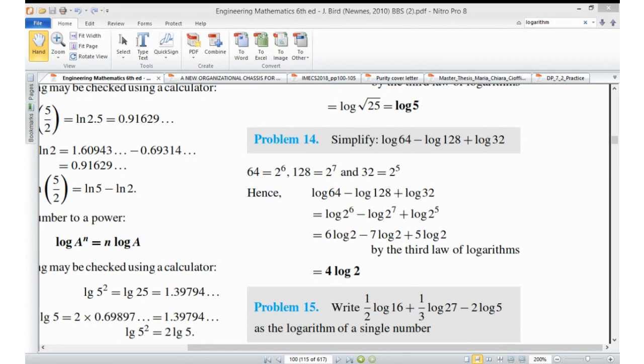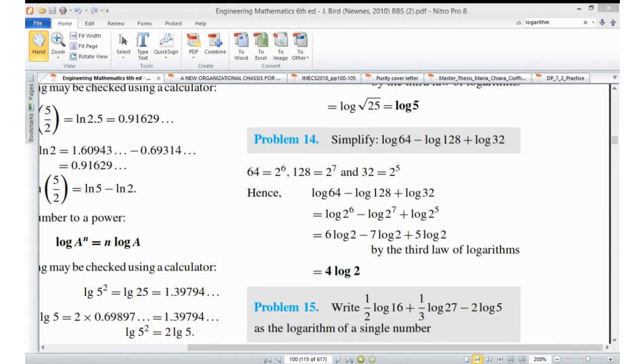So using the power can make the work a little bit easier. You can re-express 64, 128, and 32 because they can factor one another into the same base. The smallest base, of course, is 2.